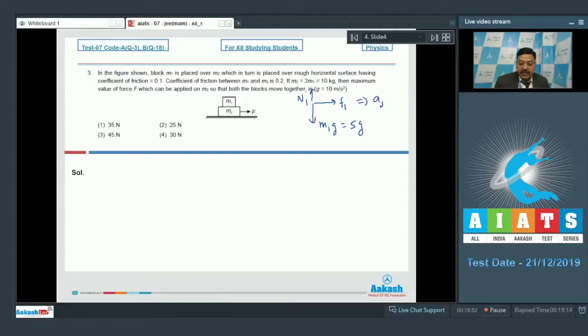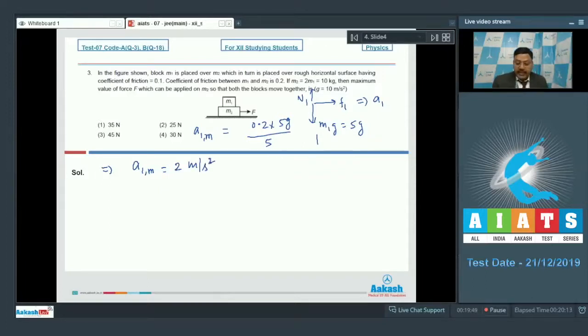We can see that the maximum acceleration M1 can have is, let's say, A1 max, and that will be equal to the maximum frictional force, which is 0.2 into 5g divided by its mass, which is 5 kg. So the maximum value of acceleration of block M1, as we just found by simplifying and calculating further, is 2 meter per second square.